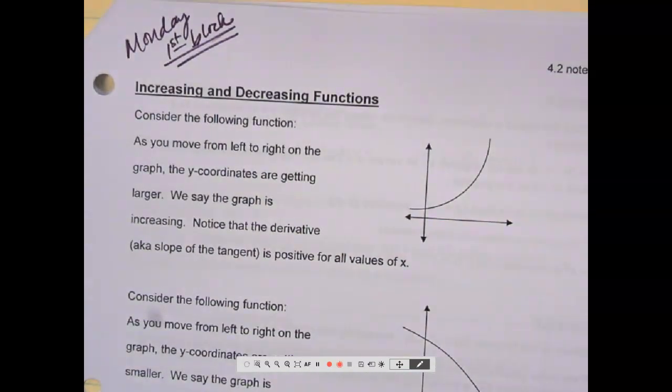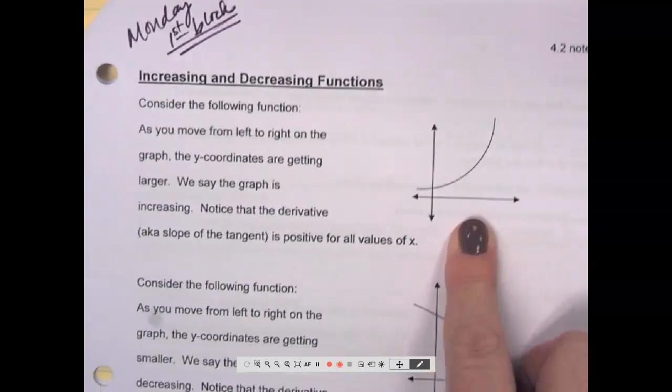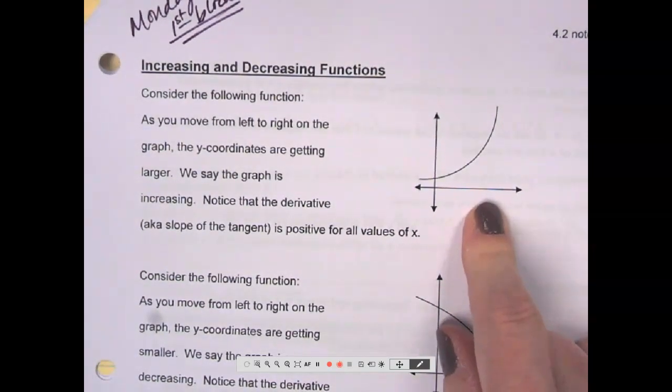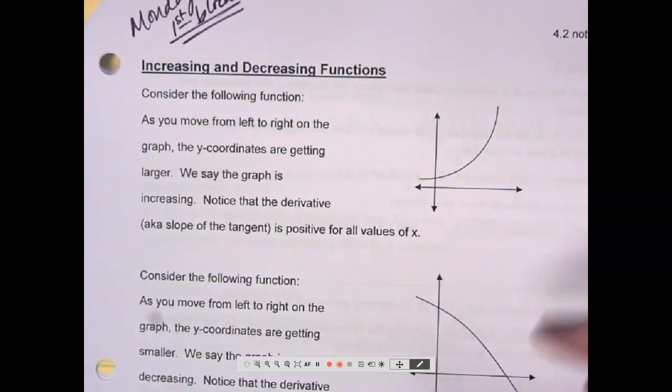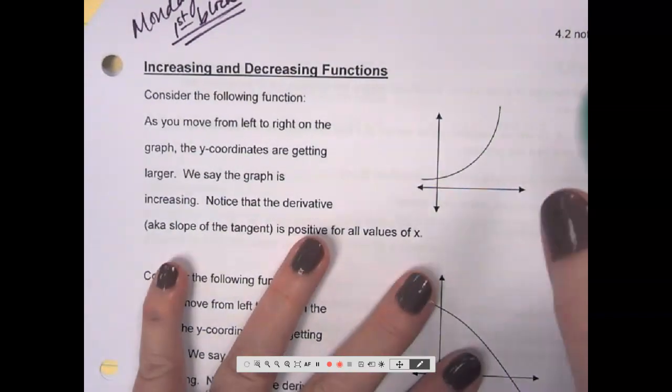Consider the following function, this little simple curve that's graphed. As you move from left to right on the graph, the y-coordinates are getting larger. We say the graph is increasing. Notice that the derivative, aka slope of the tangent, is positive for all of these values of x.